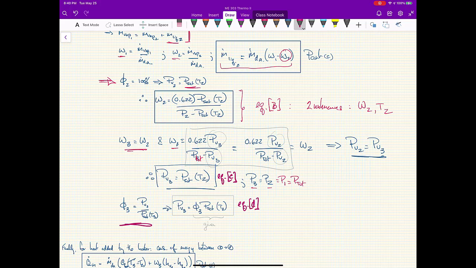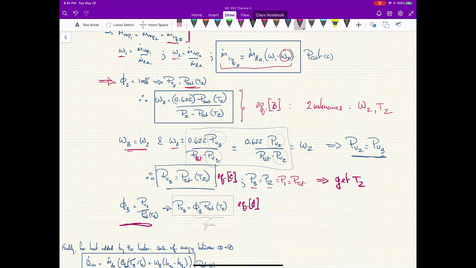So, looking at this whole set of 4 equations now, I'm in very good shape. Equation D here is 1 equation and 1 unknown, because I know T3 and I know Phi3. Equation C is now 1 equation with 1 unknown also, because I've solved for PV3 in equation D, and my unknown is now T2, so I'm going to get T2 out of that.